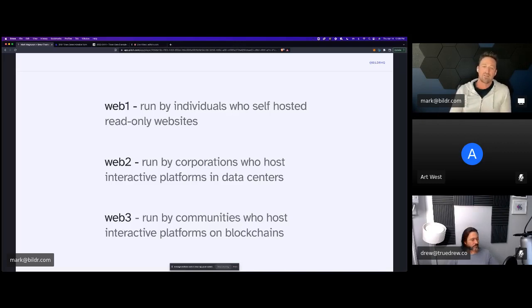So the idea is that communities run these things and they host these interactive platforms on open networks that are like data centers, except they're distributed data centers. And that's what blockchains effectively are. So they're ways to basically host and validate data that exists broadly, but do it in a way that's not centralized into the hands of a certain group of people.